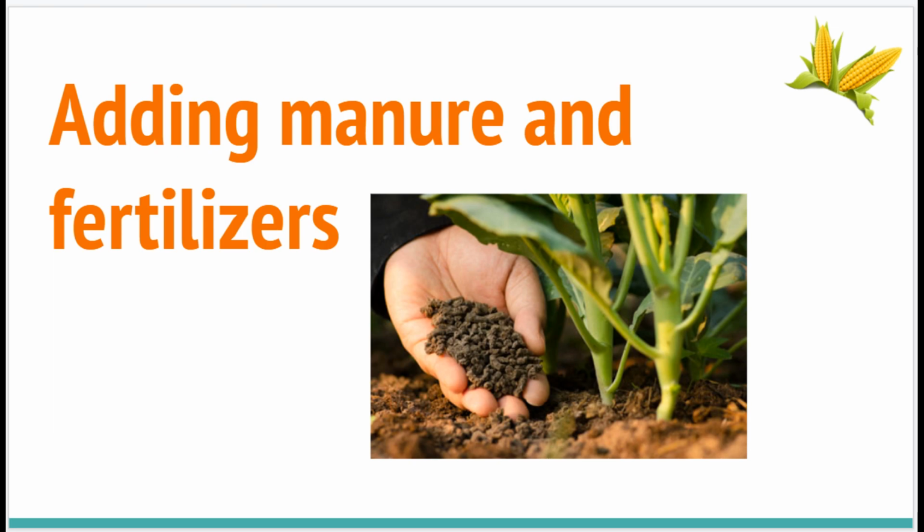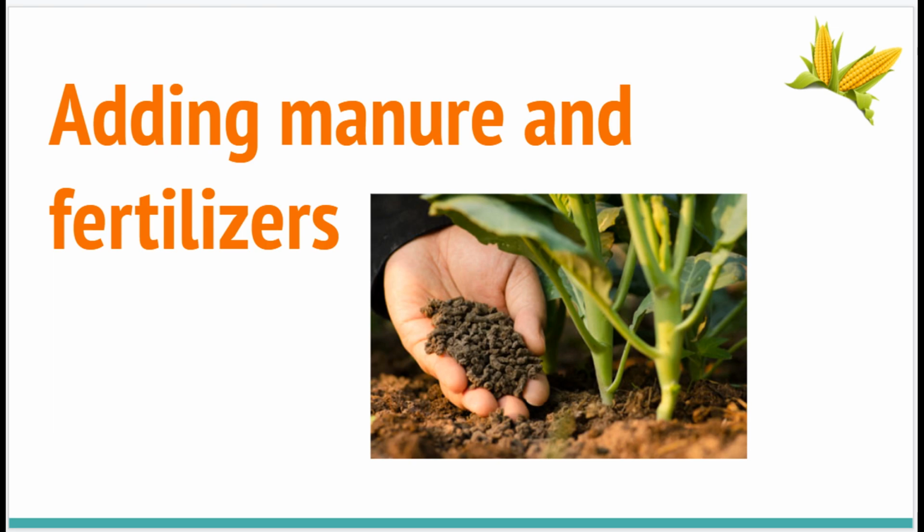So what happens when plants are grown in every season? The soil loses its minerals whenever they are used from time to time. To meet the need of these minerals, the soil must be enriched with different types of minerals.